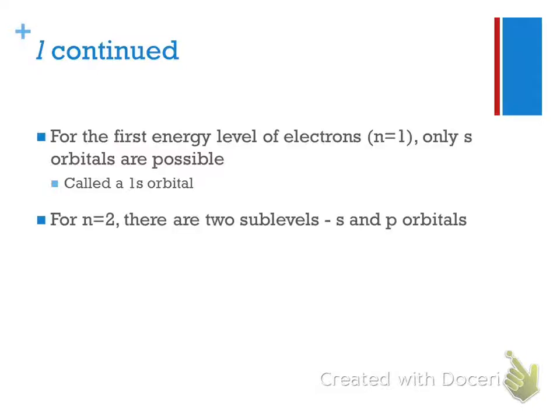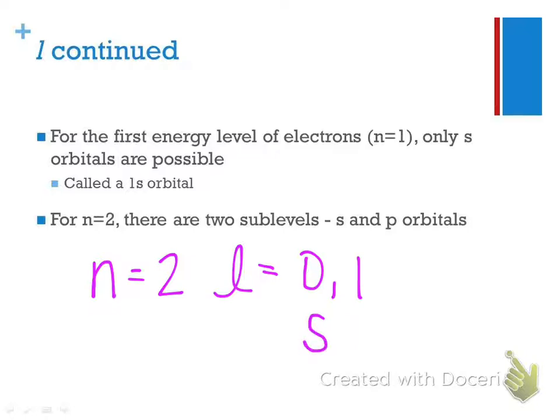If I had n equals 2, what would my L values be? My L would be 0 or 1. And what types of orbital shapes would those be? S and P orbitals. So in the second energy level, I can only have S and P orbitals.